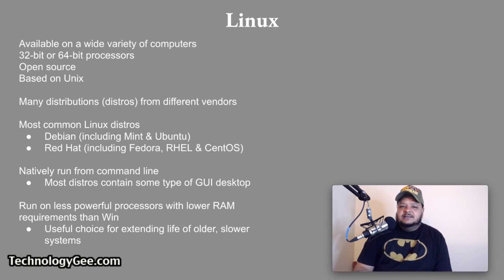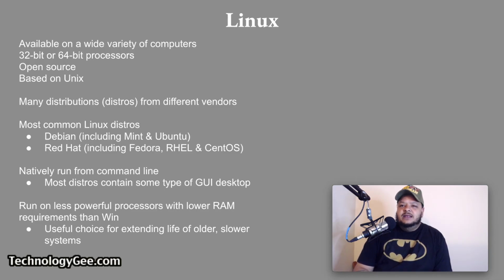We have Linux. Linux is available for a wide variety of computers and can be run on a 32-bit or 64-bit processor. Unlike Windows and Mac, Linux is open source. Linux is based on Unix, and there are many distributions, also known as distros, available from many different vendors.